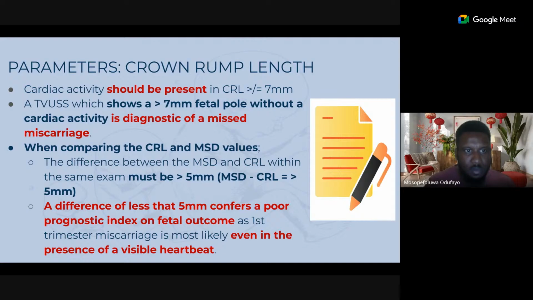On the transvaginal ultrasound, if you see that this particular embryo with a CRL of greater than 7 mm is without a cardiac activity, that baby is gone. You can conclusively say it's gone. You don't find one greater than 7 mm without a heartbeat and still, well, you can still have hope, maybe for a miracle, but it will not be usually once it's greater than 7 mm CRL.